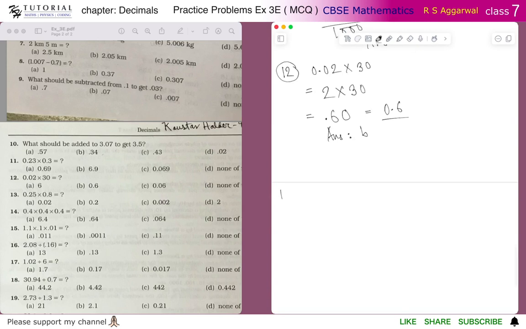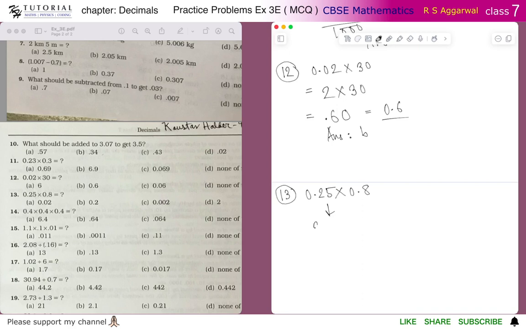Okay, let's do problem number 13. It's asking to multiply the decimal number 0.25 with the decimal number 0.8. So this is a multiplication of a decimal number with another decimal number. We first multiply both the decimal numbers as whole numbers by omitting their decimal points.